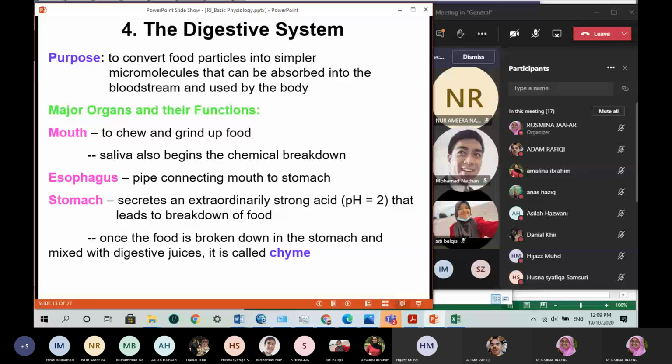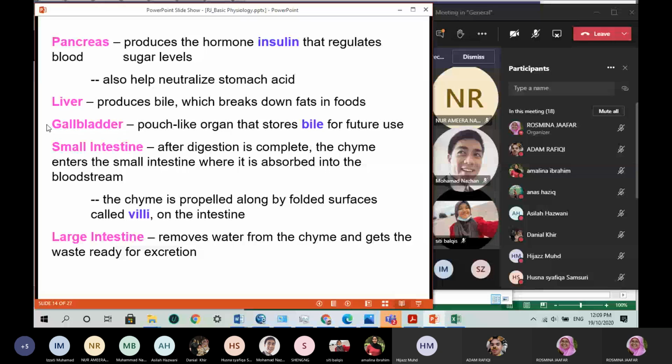The pancreas and the liver all have specific functions. For example, the pancreas produces the hormone insulin that regulates the sugar level. It also helps neutralize the stomach acid and so on.